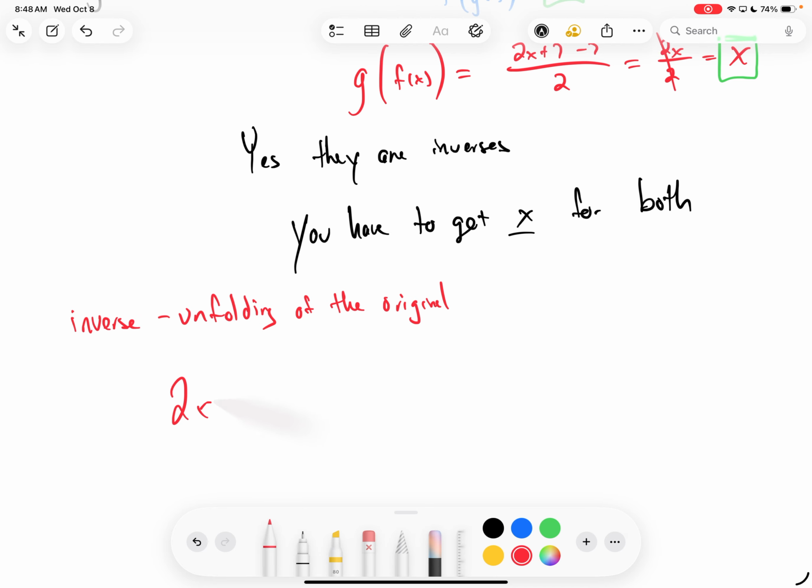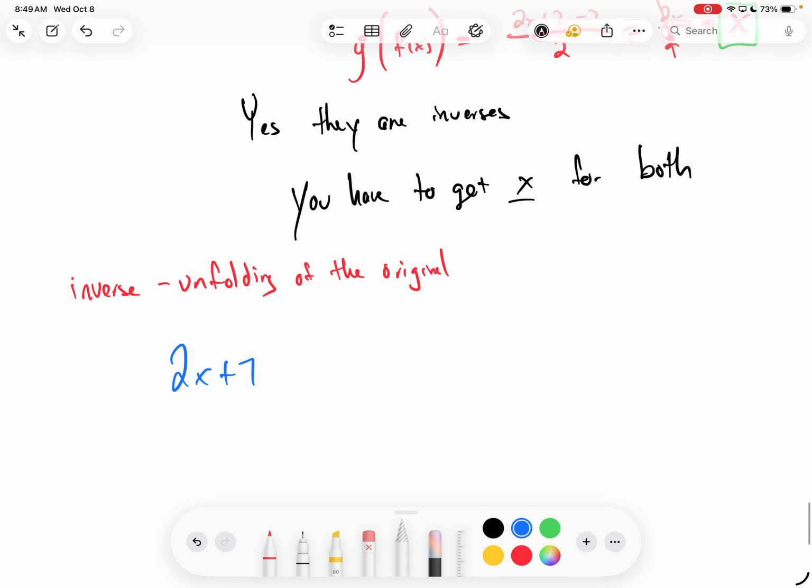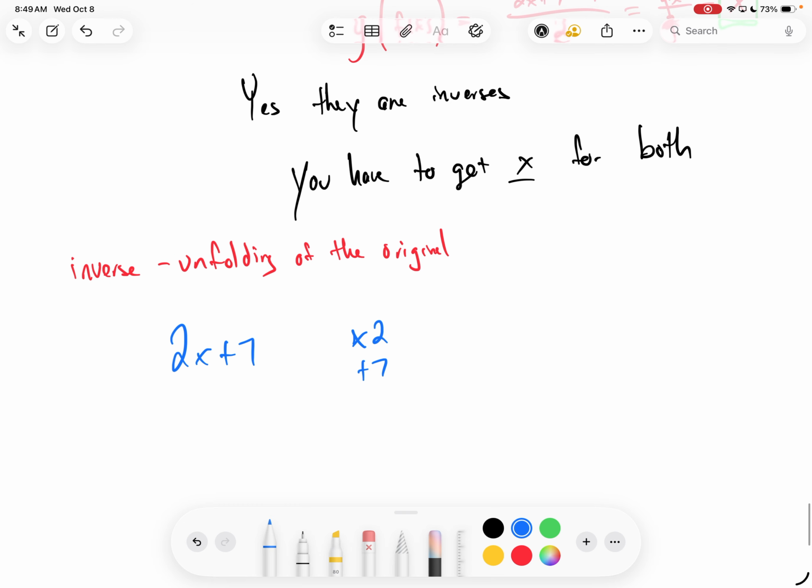All right, so if I have 2x plus 7, if I plugged a number in for x, my steps would be to multiply by 2 and then add 7, right? Like if I plugged a 3 in here, the first thing I'd do is multiply by 2 and then add 7, right?